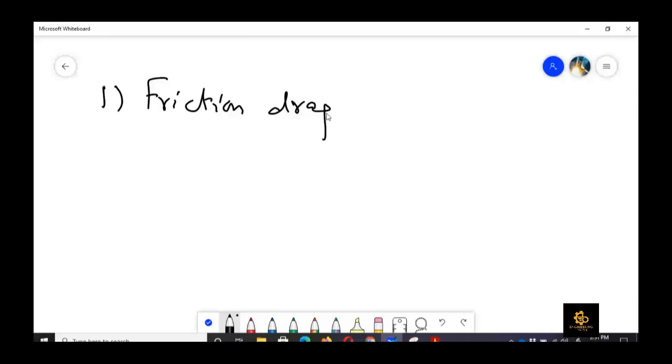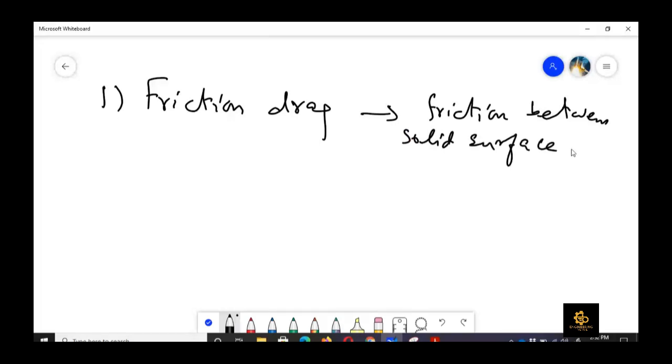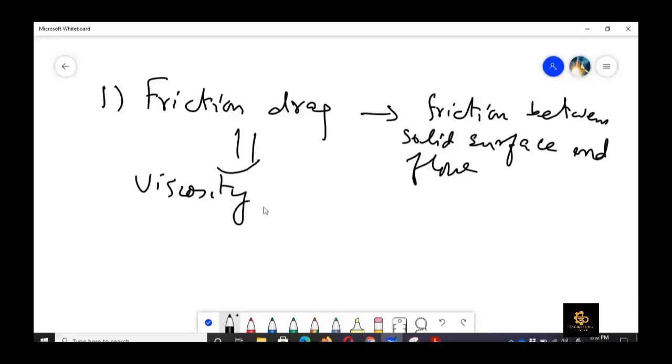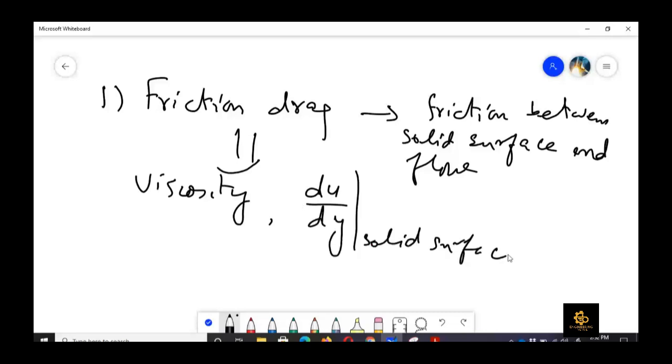That is due to the friction between the solid surface and the flow, and it depends upon the viscosity of the fluid as well as du over dy at the solid surface, right? Because we all know that the wall shear stress is mu into du over dy.